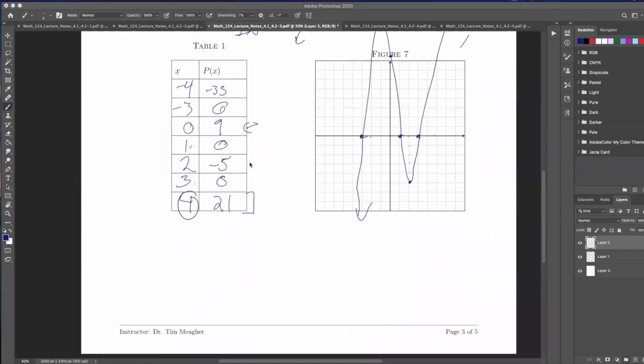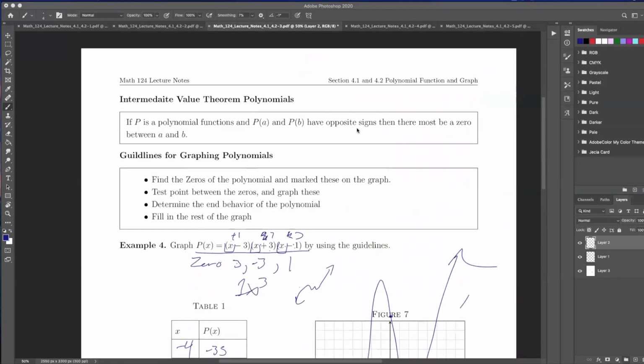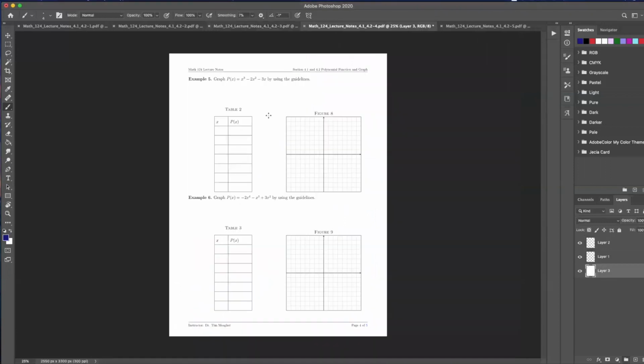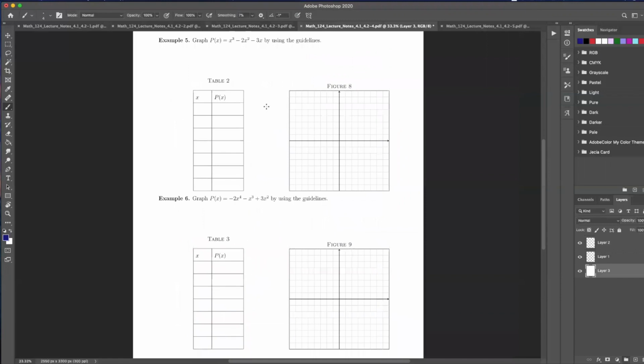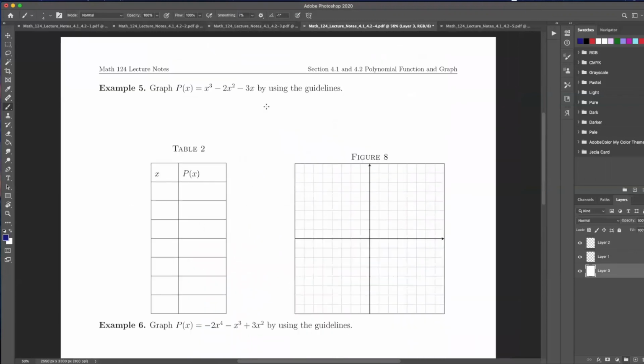All right, so let's do this again. Let's look at this one. I'm going to graph this using the guidelines we've had before. Same rules, same guidelines.